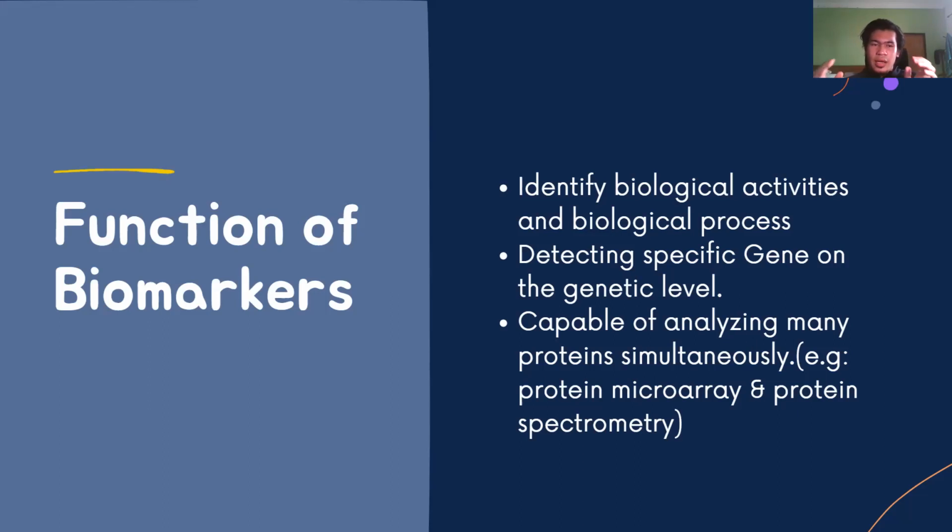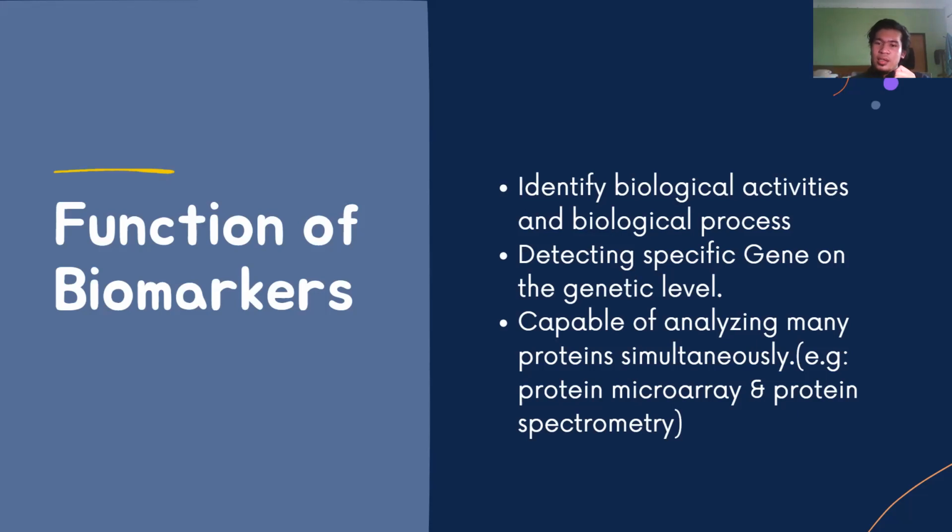So we can analyze the quantity of the products and the byproducts. From that, we can know there are biological activities and biological processes. So that's how a biomarker identifies the biological activities.